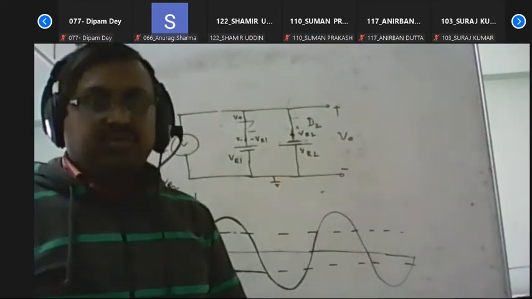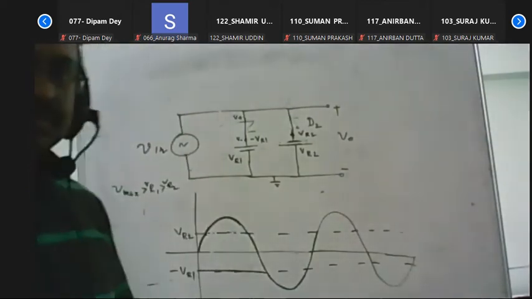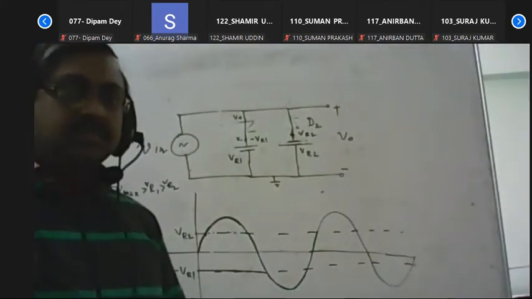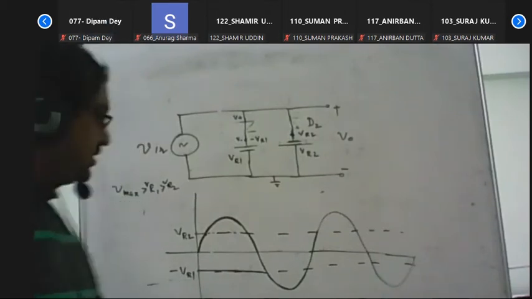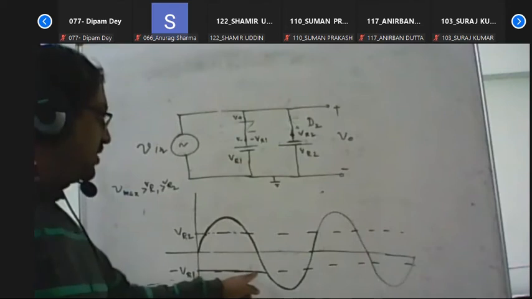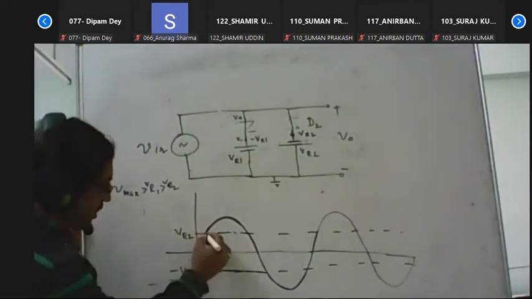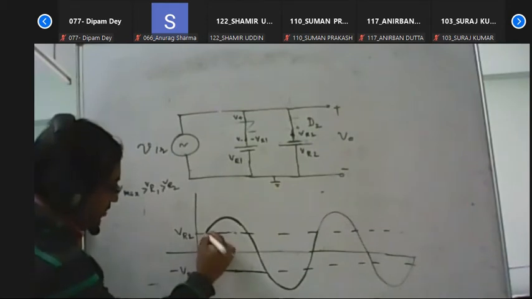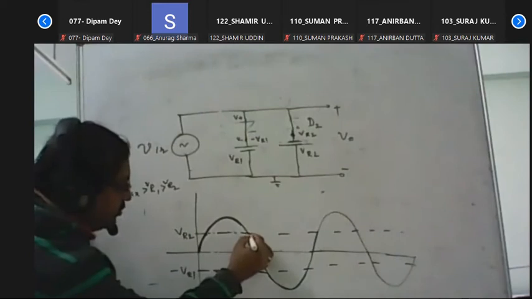In this circuit, we will get Vout as minus VR1, the lower potential. In this section, Vout equals minus VR1, only this section where the input voltage is less than VR2, where both diodes will be on.